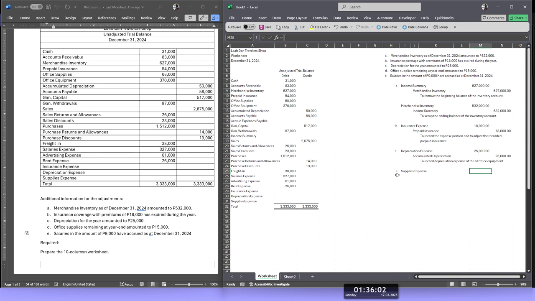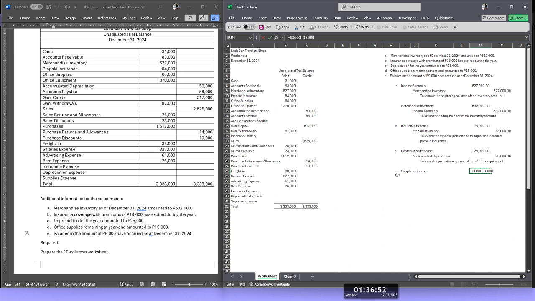So the used portion equals 68,000 office supplies available for use during the year minus 15,000 office supplies remaining at the end of the year.